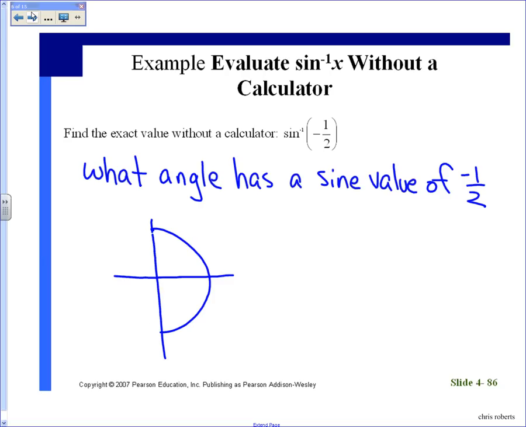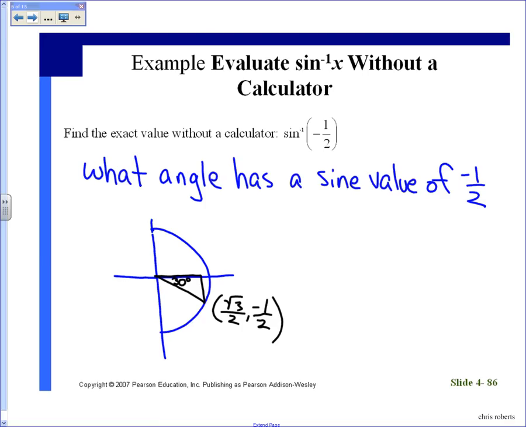So now I have to think, what angle has an inverse sine of negative 1/2? Sine is the y value. So a y value of negative 1/2 would mean that I'm going out a lot and down a little. This would give me root 3 over 2, that's the cosine value, comma negative 1/2. So since I'm looking at this angle right here, this is going to be 30 degrees.